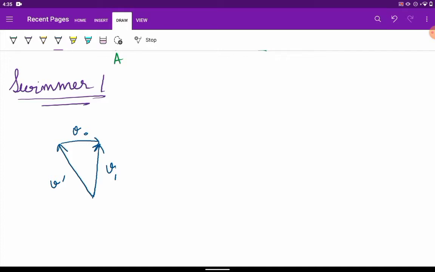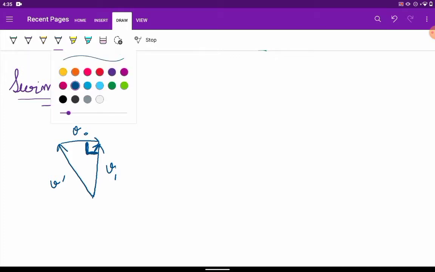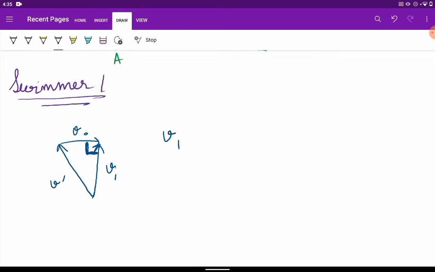If we think intuitively, this is vector addition, but if we think about the magnitudes, this is a right angle triangle, so from the Pythagorean theorem we have v1 equal to root over v dash square minus v0 square.